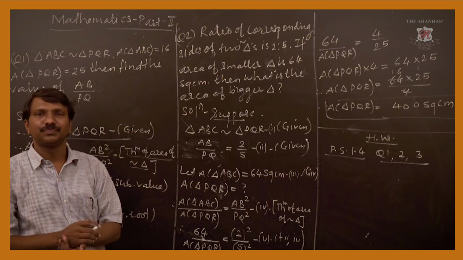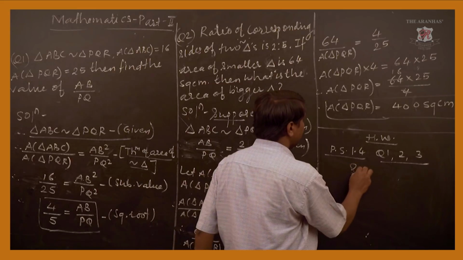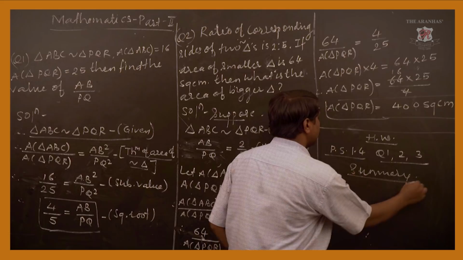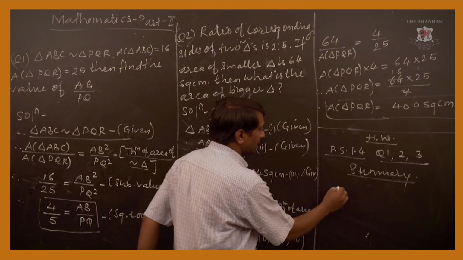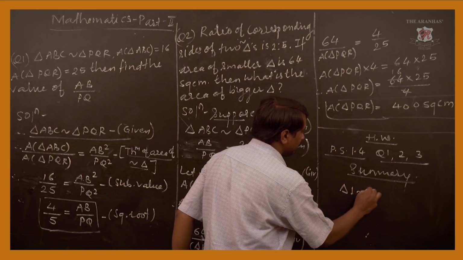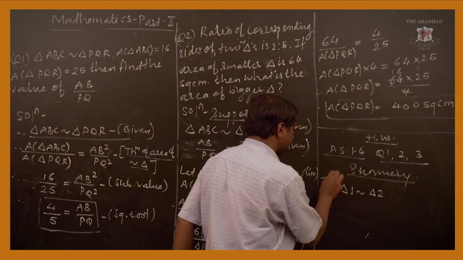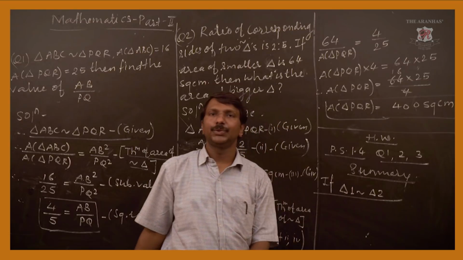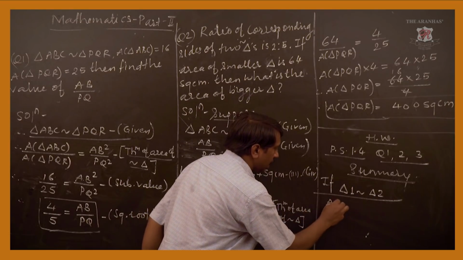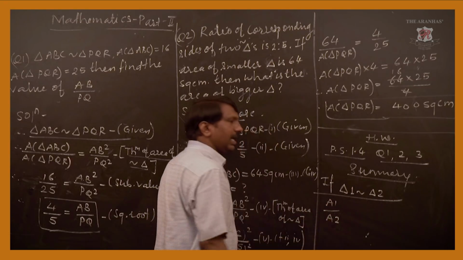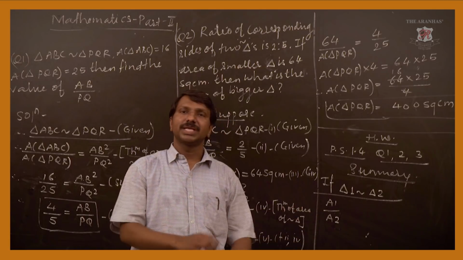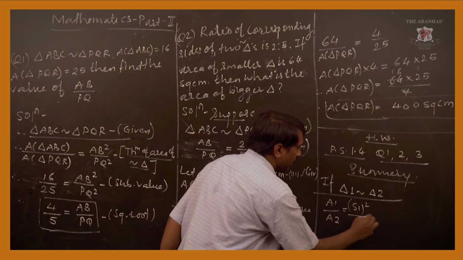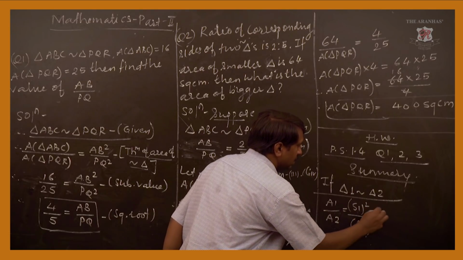And in short, as a summary, I can repeat it again. If triangle 1 is similar to triangle 2, then A1 upon A2, the area of the first triangle upon the area of the second triangle, always equals the square of their corresponding sides.